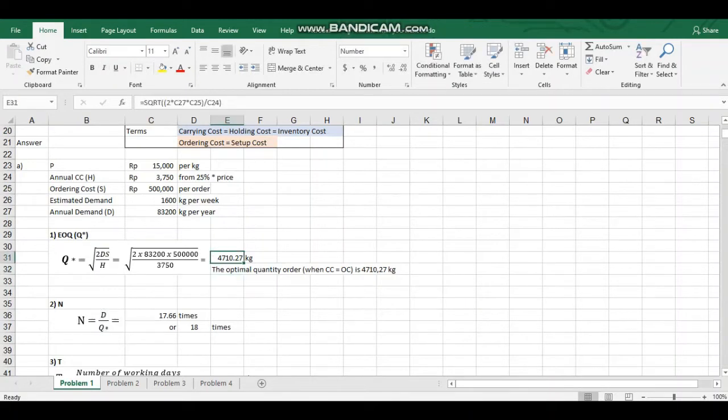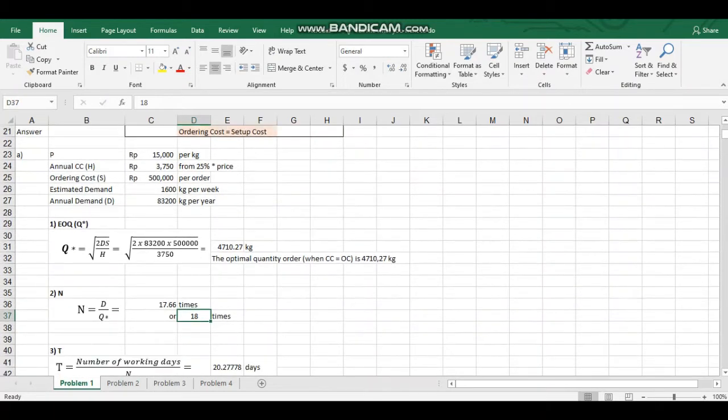So we divide 83,200 by the EOQ, and finally we get this number, which we round up. So in a year we order from the supplier 18 times.